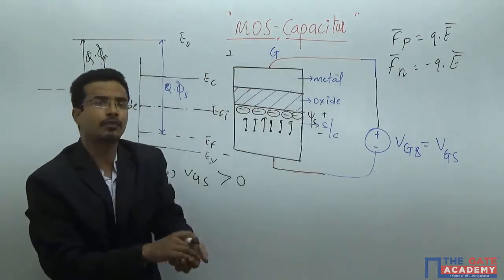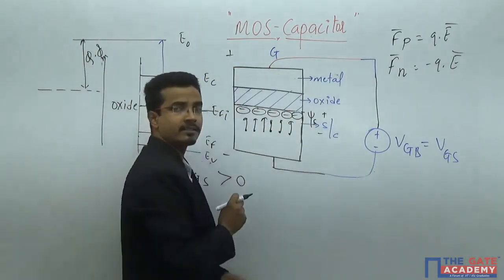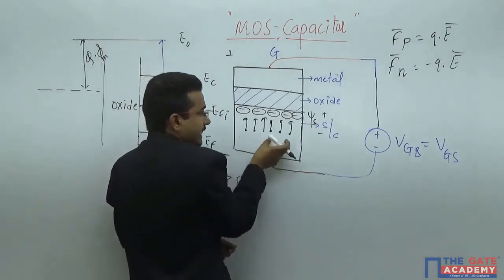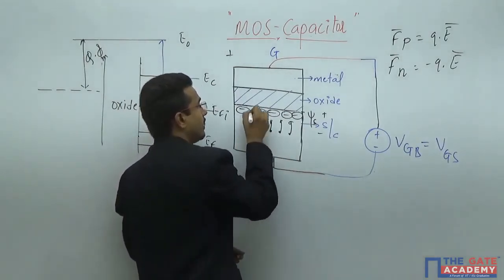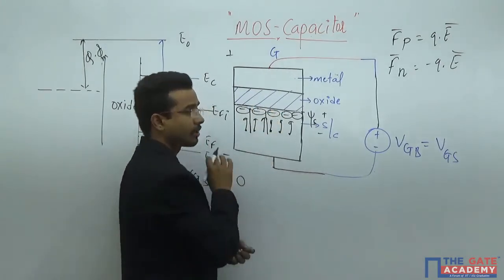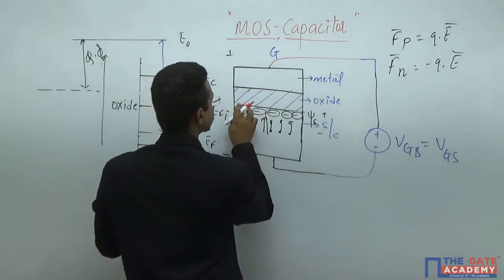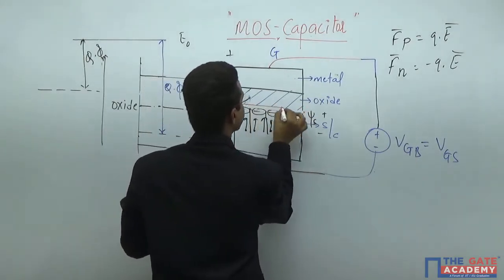The starting electric field will get terminated on the ions, and if you further increase the electric field, these electrons will get attracted here, and you will get one sheet of charge carriers near the surface.